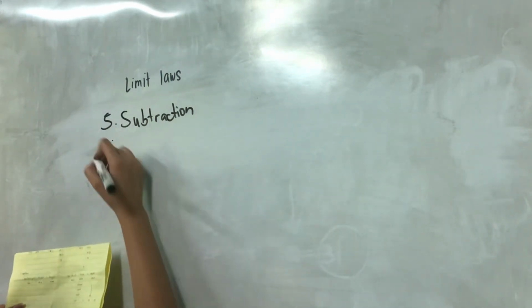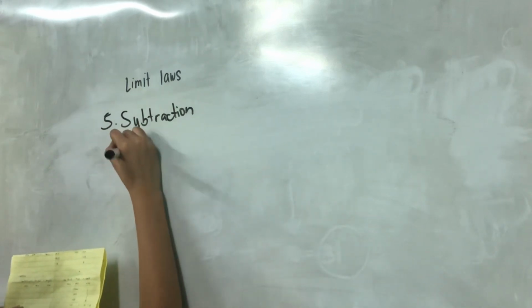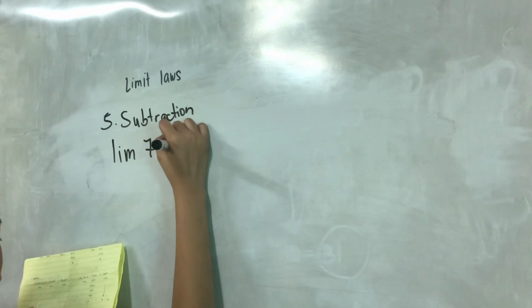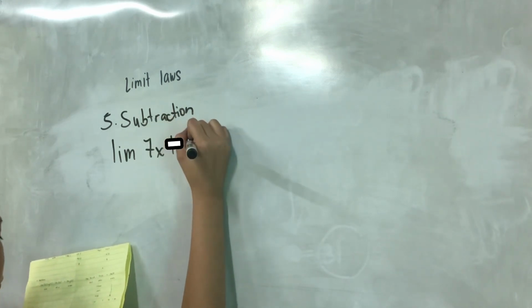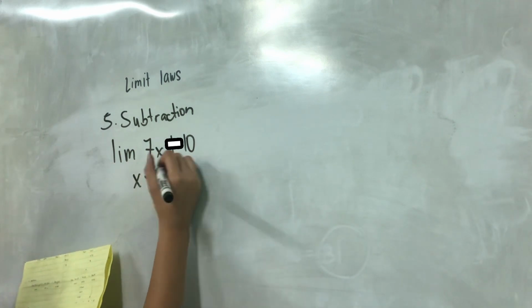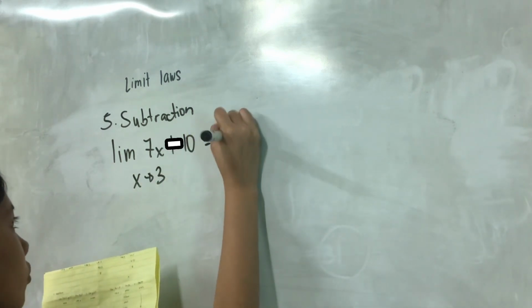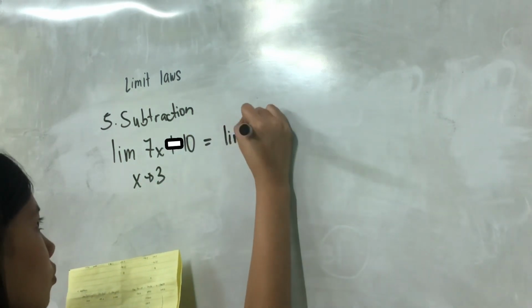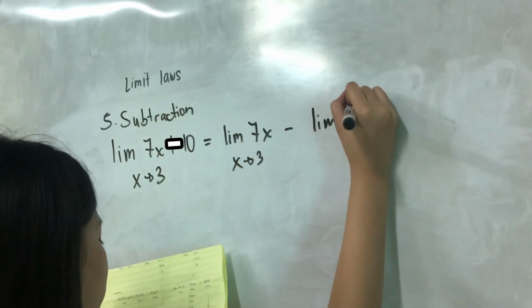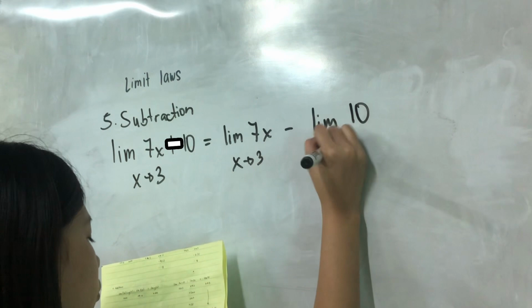So here we have an example for subtraction of limit law. The limit of 7x minus 10 while x is approaching 3 is equal to the limit of 7x minus the limit of 10 while x is approaching 3.